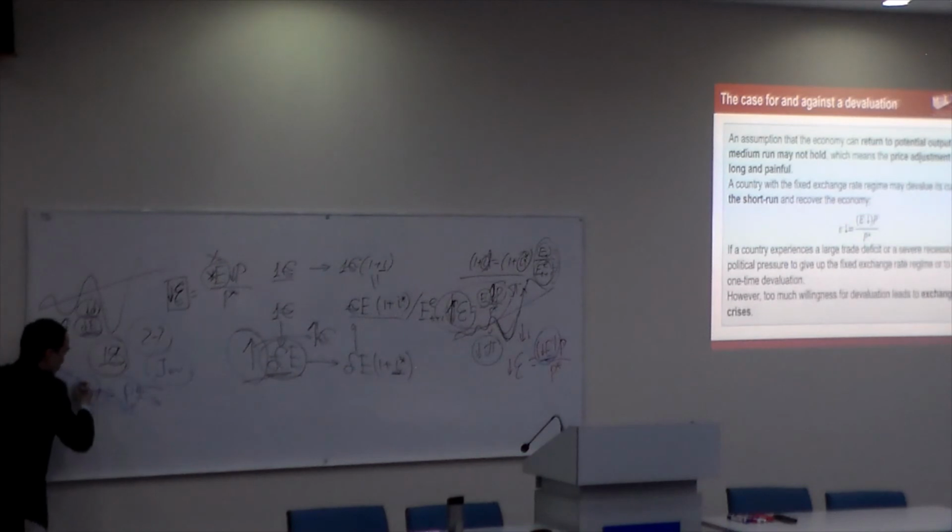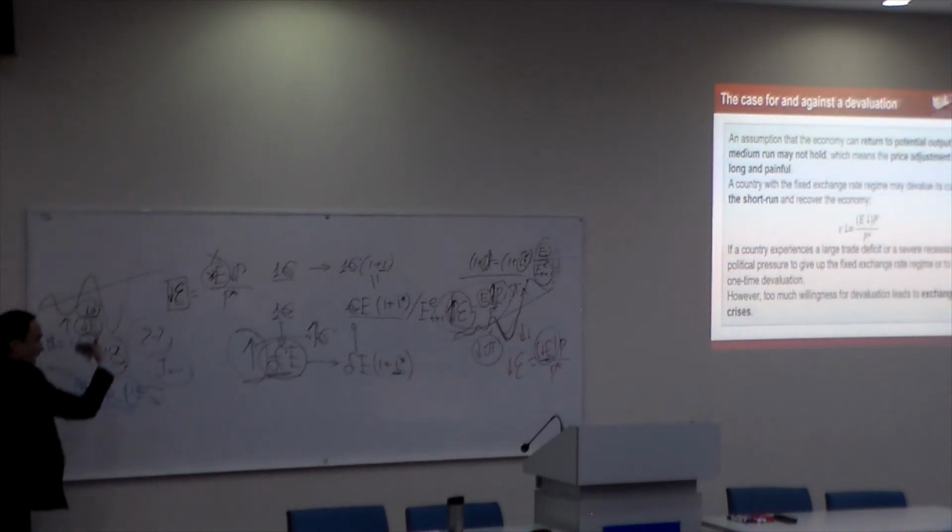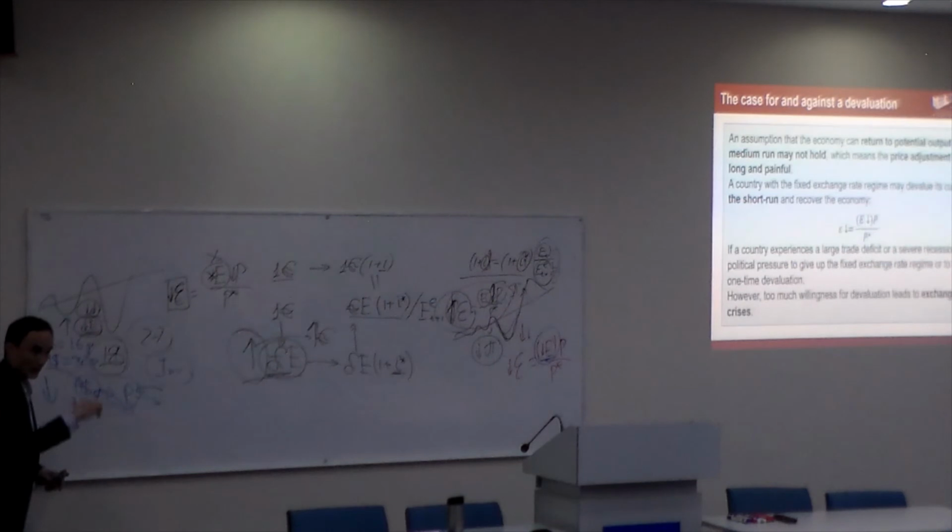When they brought their US dollars, 1 US dollar was equal to 16 pesos. If they devalue, they will make 1 US dollar equal to, for example, 32 pesos, a 100% devaluation. Which means that for the pesos they have, they are able to buy only half of the investments they have made.